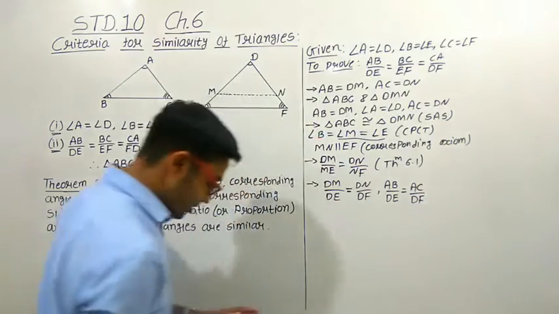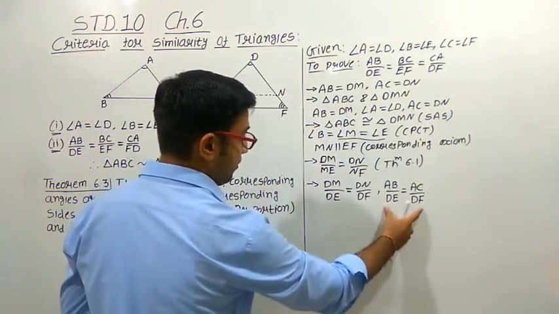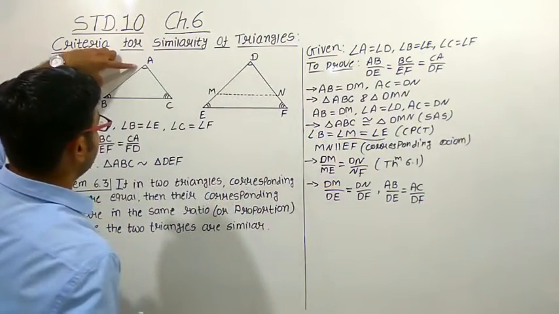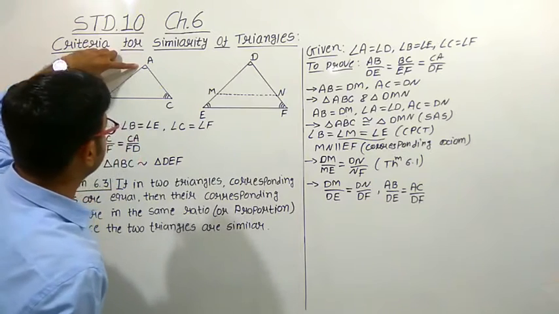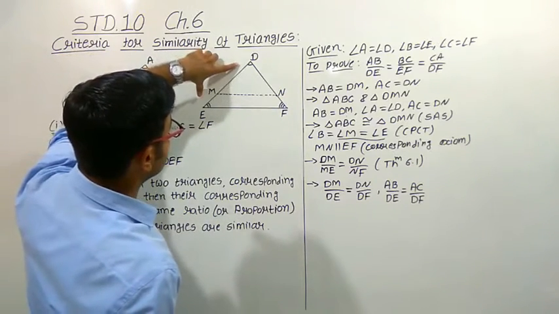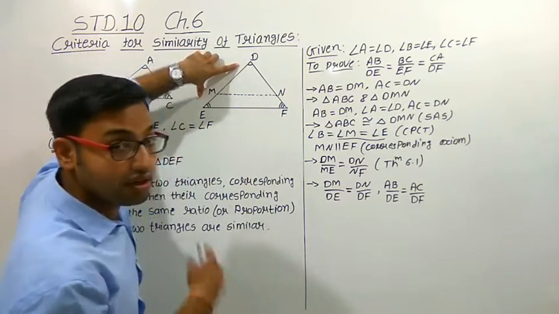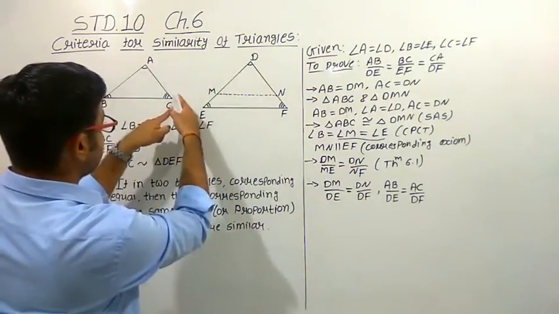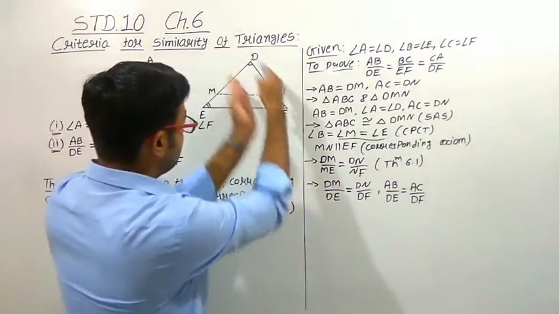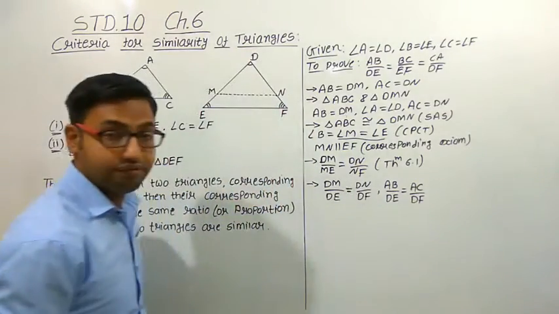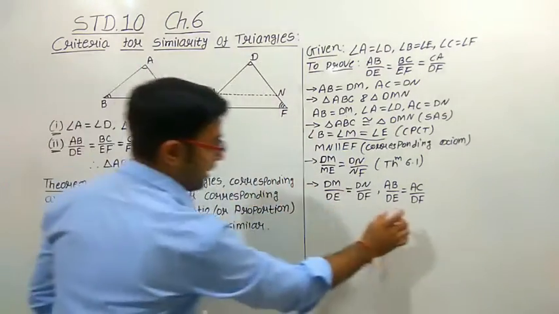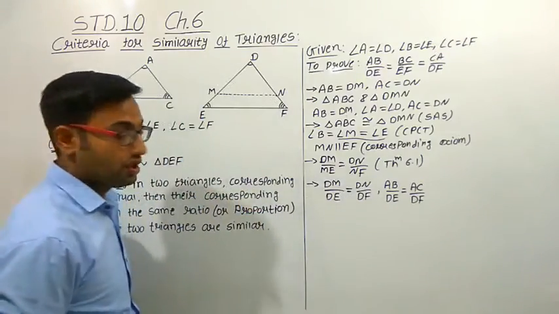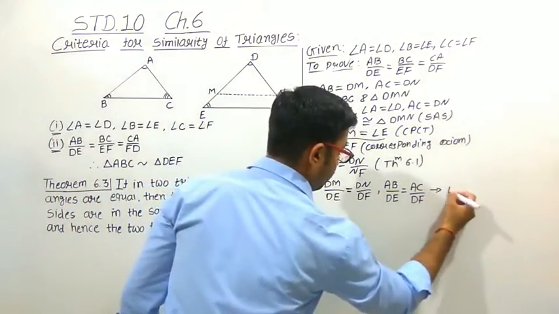Now see what this result represents: this side of one triangle upon the corresponding side of another triangle has a ratio equal to this side AC of the first triangle upon this side DF of the other triangle. So these two sides are now in the same proportion. Give it equation number 1.